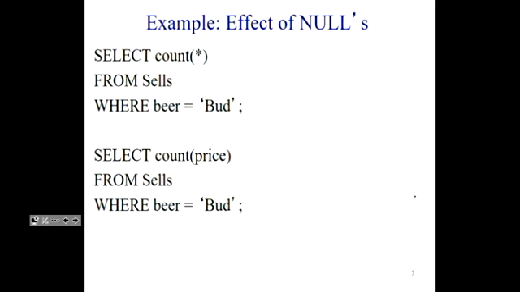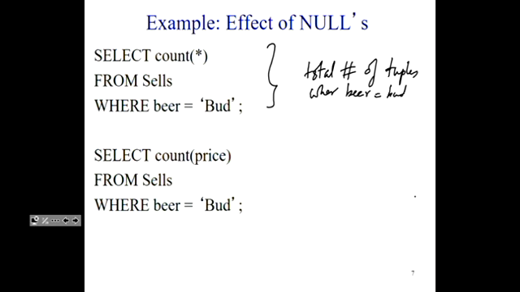If I did select count star from Sells where beer is equal to Bud, the first one is going to return the total number of tuples where beer is equal to Bud.